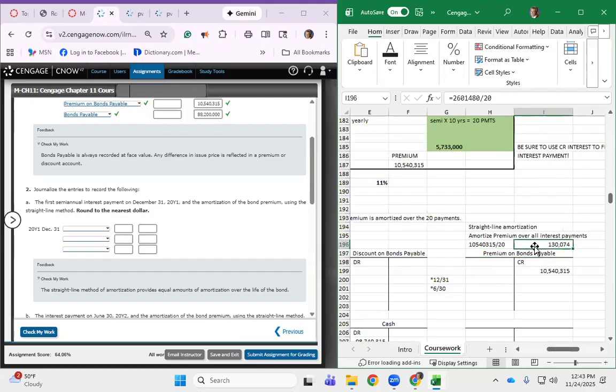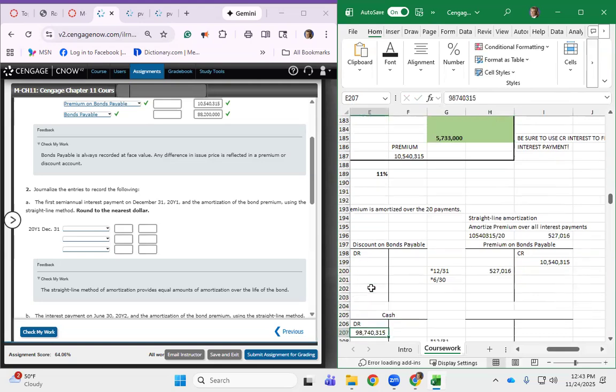Yep. So I'm going to calculate how much the amortizing the premium will be divided by 20. So every time I do an interest payment, I'm going to make this premium go down by that amount.